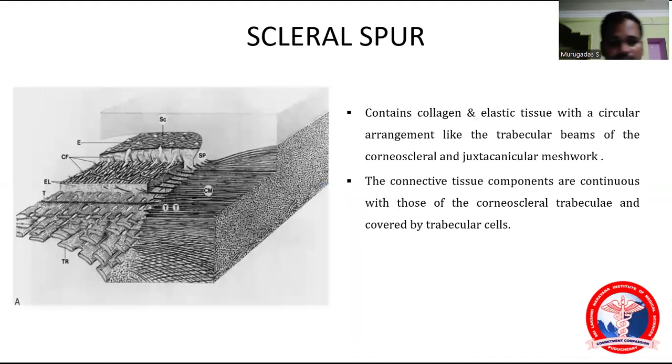The scleral spur actually contains collagen and elastic tissue in a circular arrangement, like the trabecular beams of the corneoscleral and juxtacanalicular meshwork. The connective tissue compartments are continuous with those of the corneoscleral trabeculae and covered with trabecular cells.